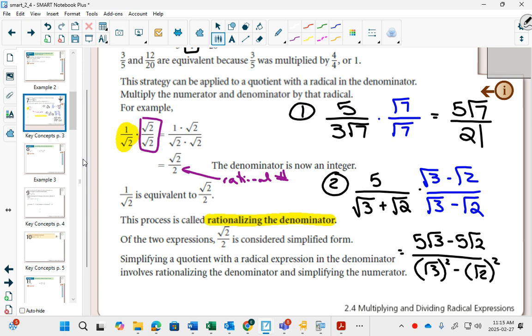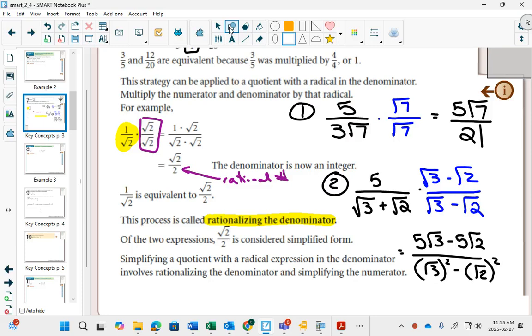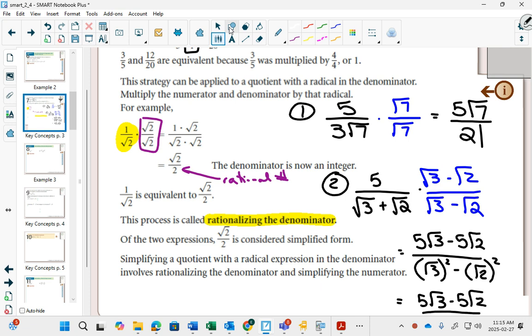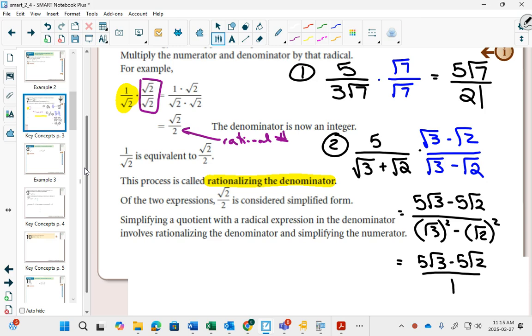And you see when you square square roots, they're going to go away. And we'll end up with just 3 minus 2. And 3 minus 2 is 1. And now we have a rational number on the bottom.